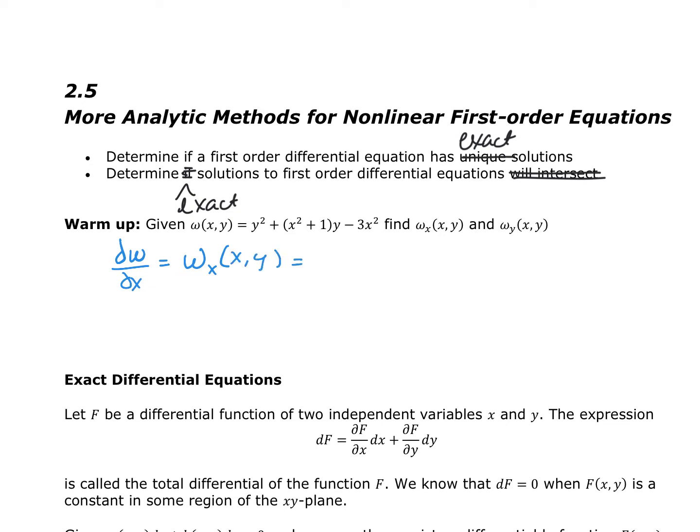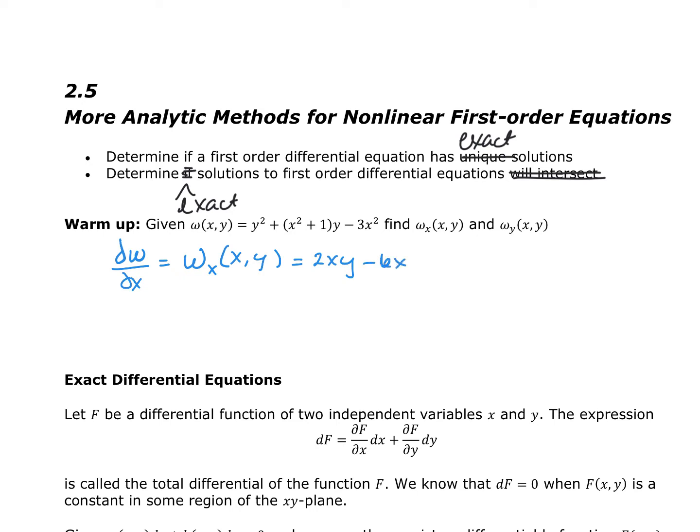The derivative of y squared is 0, because it is a variable that is not x. If it's not x, or multiplied by x, then we treat it as a constant. As I distribute the y through, I'd have 2x squared plus y, and then the derivative of that would be 2xy, and then minus 6x.